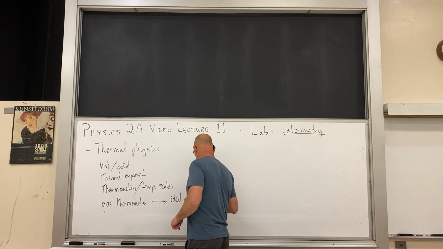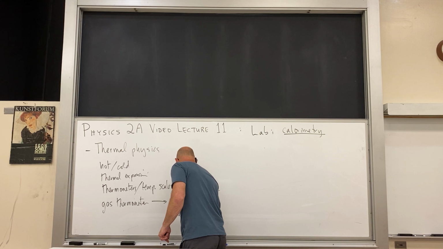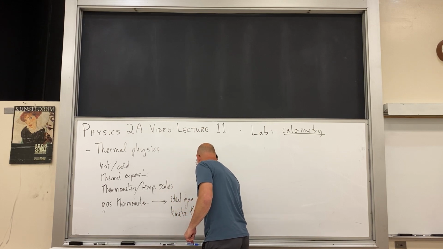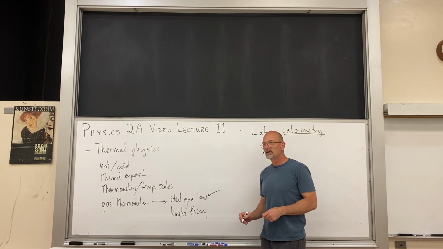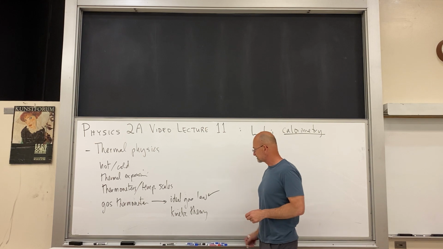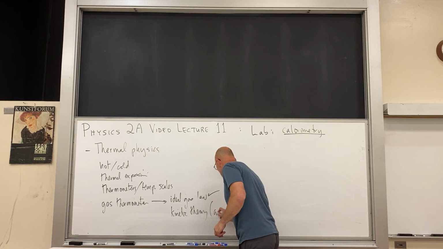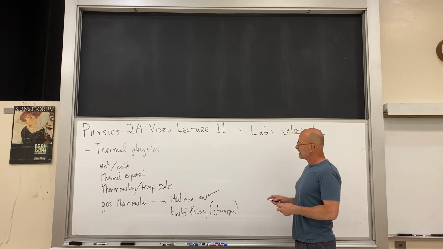So if we have the ideal gas law, and then we have the kinetic theory, we're associating temperatures higher and lower with kinetic energies of these molecules. So I'll put here atomism once again. And that's where we had arrived.